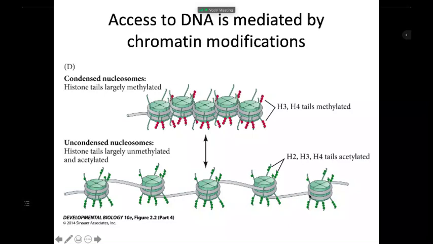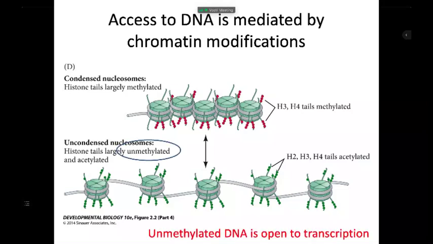So one level is that chromatin methylation causes inability to access the DNA. But unmethylated DNA, in addition to this, is open to transcription, and unmethylated DNA can be actively transcribed.